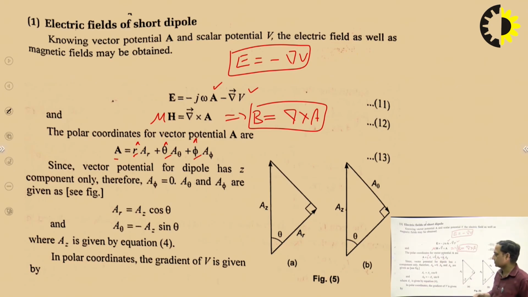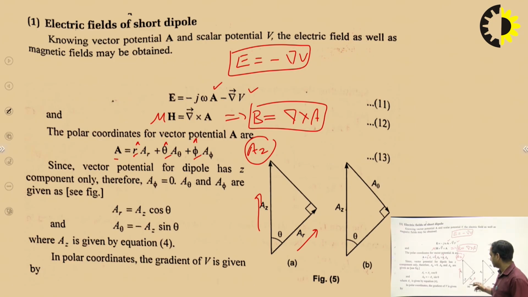So we do some manipulation, where we take the vector potential for a dipole which is in the z direction. So A z is there, and A z we have calculated, right? A z is in the direction of the current carrying conductor. This is A r in the outward direction, and this is theta.